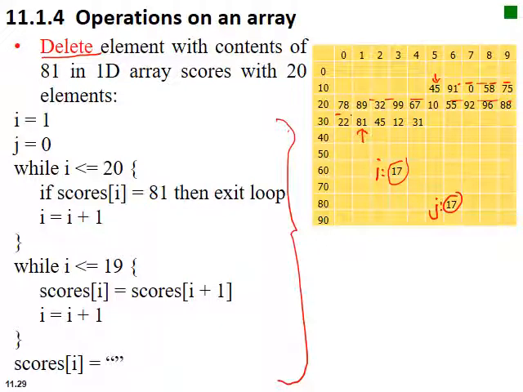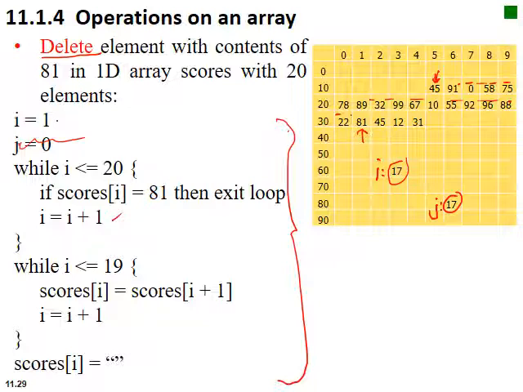What needs to happen here, in fact, we're never even going to use J. But nonetheless, we can say while I is less than or equal to 20, first also initialize I. If scores I, so first of all it will be 1. If scores 1 is equal to 81, is that the case? No. Increment I like there and continue with the next loop.